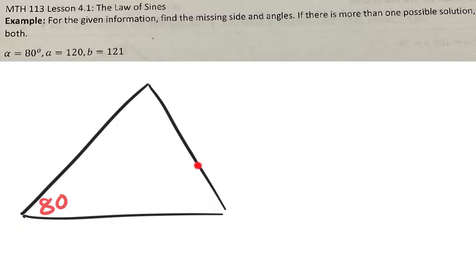Side A. Opposite angle alpha is always side A. So this is my A, but it tells me A is 120. Now just pick another side. It doesn't matter. It's 121. And now this is side B. But if this is side B, this must be angle beta, which means the one left is gamma.